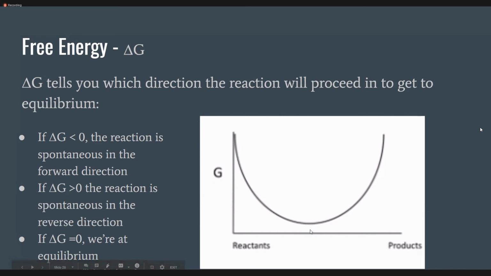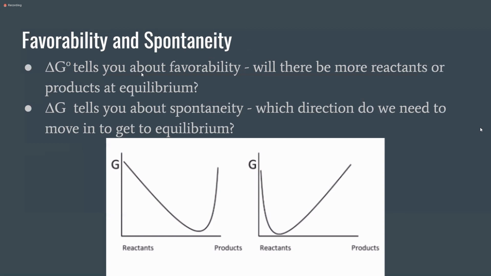Can you move one more forward? Yeah, okay. So if delta G naught is negative, then we're at the curve on the left, so there's more products than reactants at equilibrium. And if delta G naught is positive, then we're looking at the curve on the right, so there's more reactants than products at equilibrium. We're at the same x value on both of them.